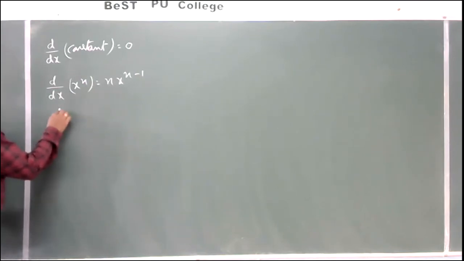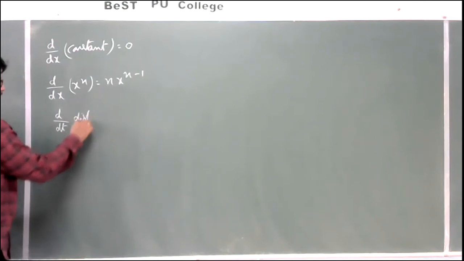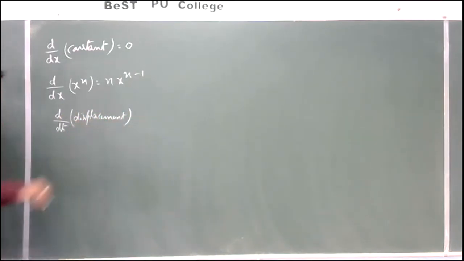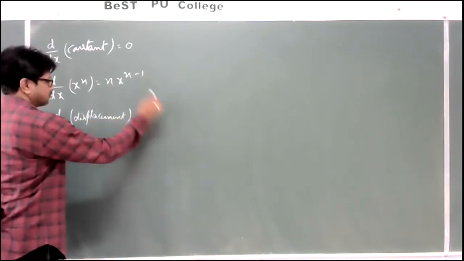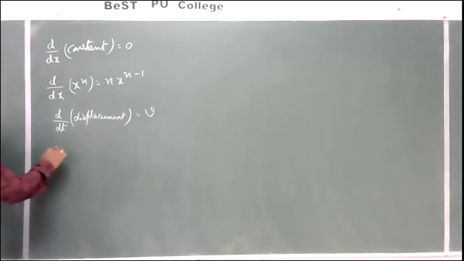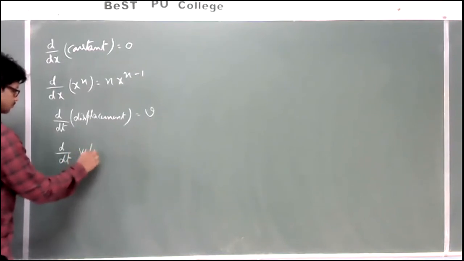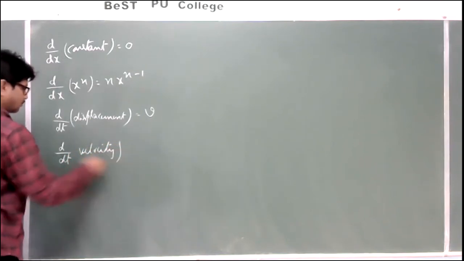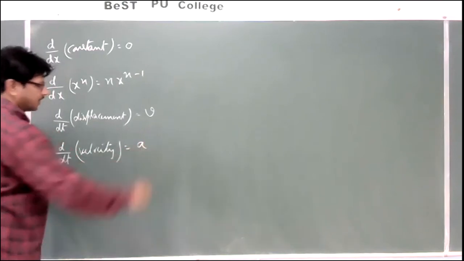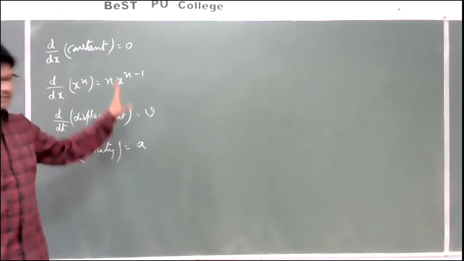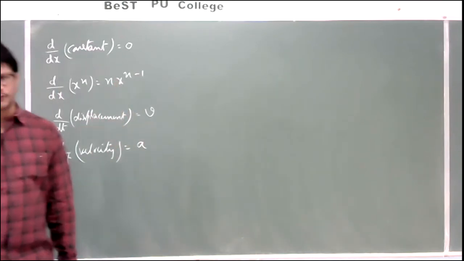If you differentiate the displacement with respect to time, we'll get the velocity. If you differentiate the velocity with respect to time, we'll get acceleration. So these are all we discussed yesterday, and we solved a few problems also.